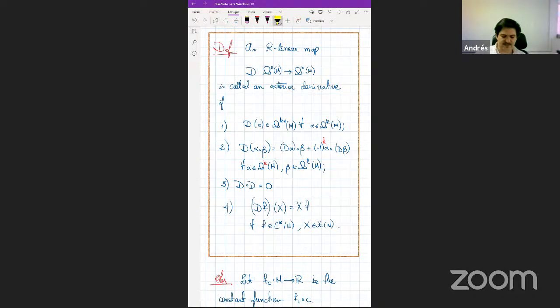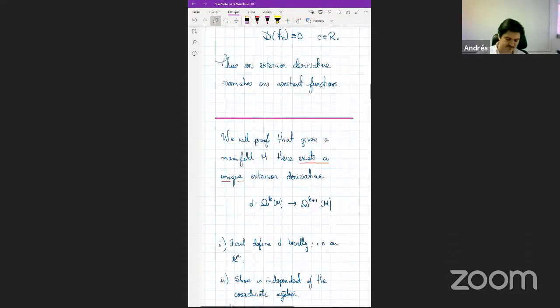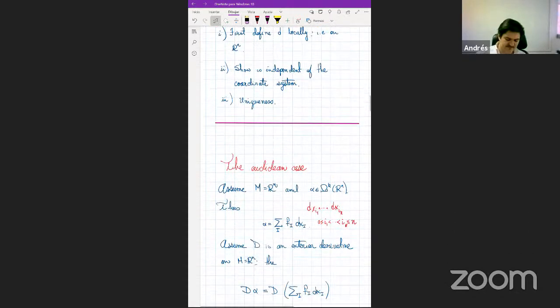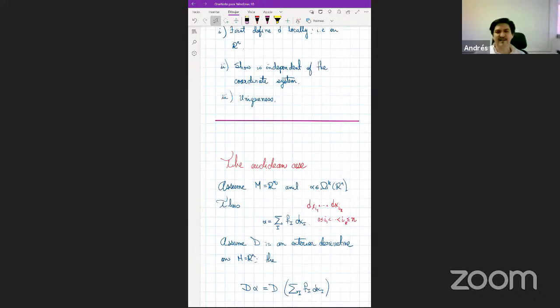So we will use those four conditions. And we will see that d doesn't have much of a choice to be something different. It has to be exactly what we have used before.